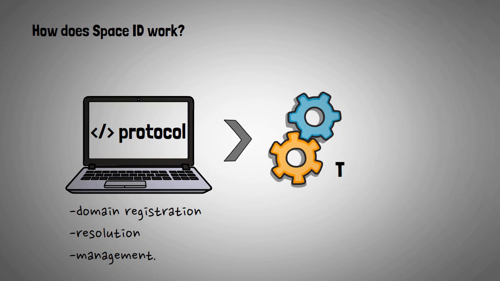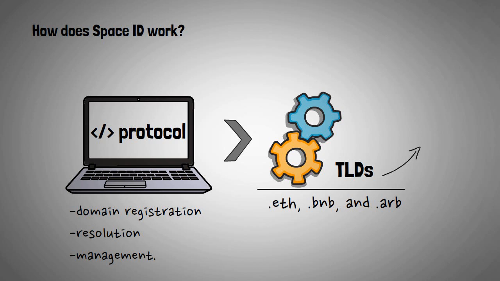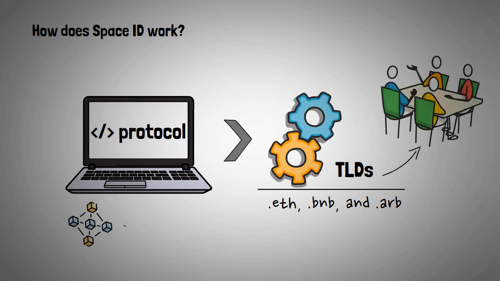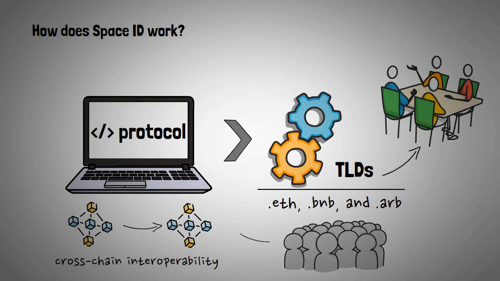It supports multiple top-level domains, or TLDs, like .eth for Ethereum, .bnb, and .arb for Arbitrum, as well as custom TLDs that can be created by communities. And because it's designed for cross-chain operability, users can link their Web3 domains to any blockchain address or resource.